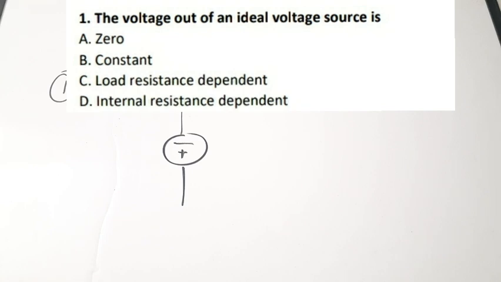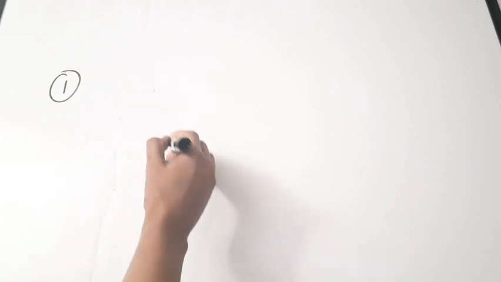The correct answer is option B. It should produce a constant output voltage, but we know that for the practical case it will depend on the internal resistance and all. Okay, next question.